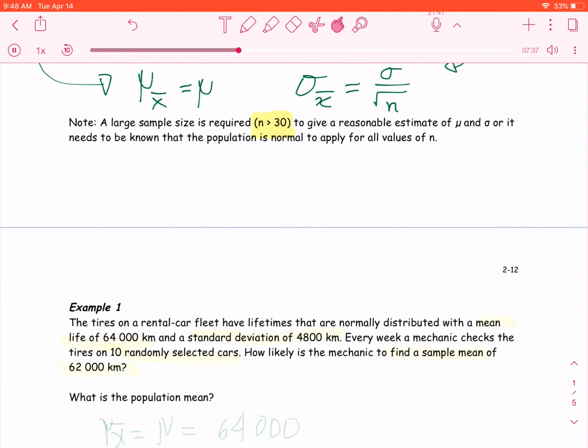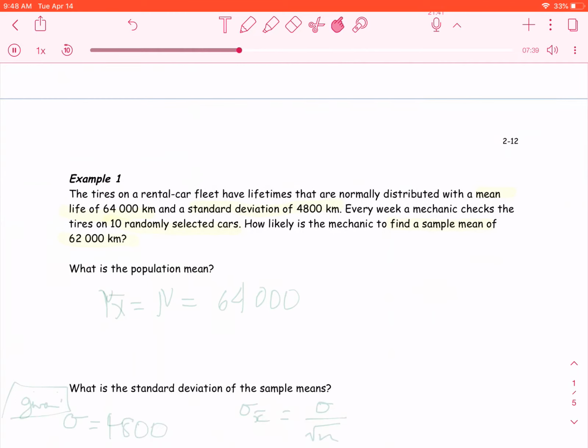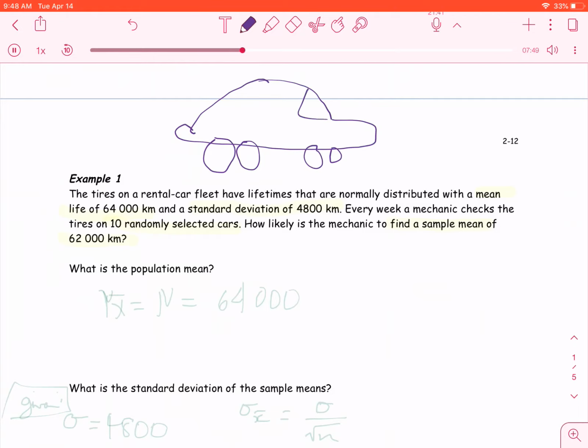For our first example, we have an example of a car. I'll just read through the example with you. The tires on a rental car fleet have lifetimes that are normally distributed with a mean of 64,000 kilometers and a standard deviation of 4,800 kilometers.